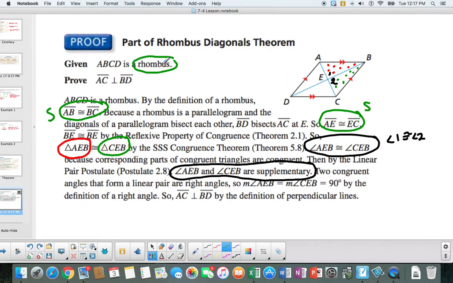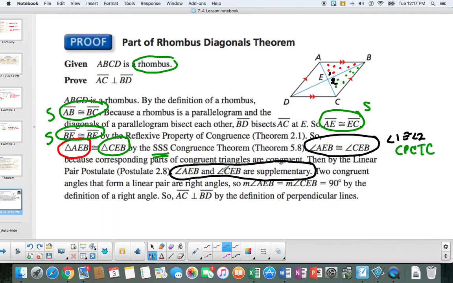Since it's a rhombus, it's also a parallelogram. We also have the reflexive property, which is a side as well. So these triangles are congruent by SSS. Now when the triangles are congruent, then these 2 angles, which I'll call angle 1 and angle 2 instead of the 3 letters here, are congruent by CPCTC.